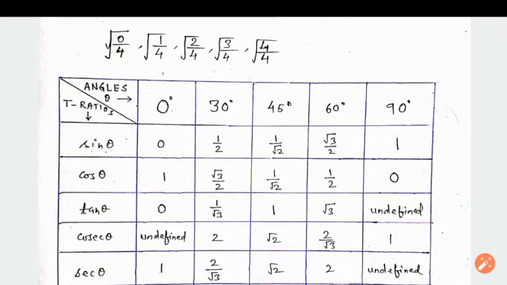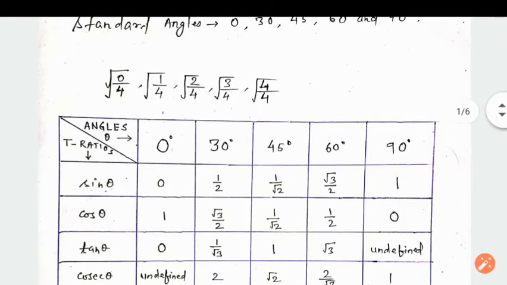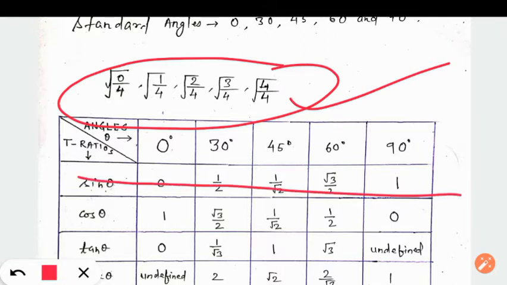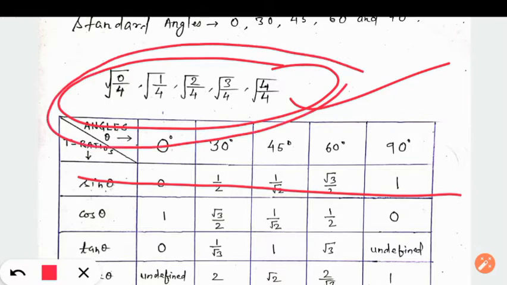So one logic is there, and with the help of this logic I am going to fill this first row. It came with the help of triangles.